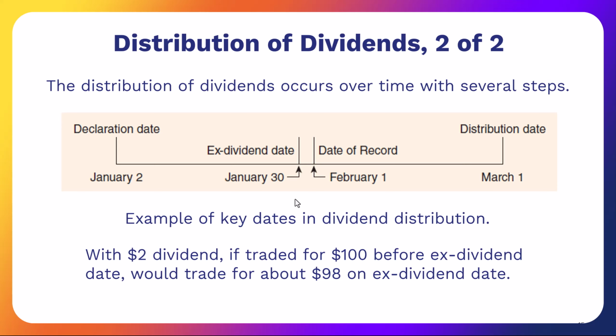Why? Because the person you're selling it to gets that $2 dividend. So they're going to get your $98 plus they get their $2 dividend, and you ultimately get the share worth $98.